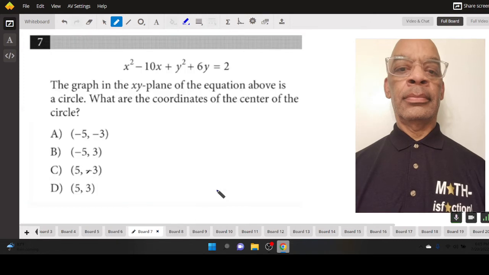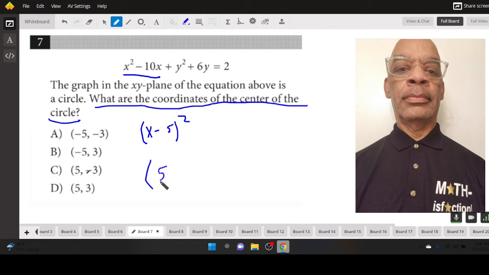Number 7. What are the coordinates of the center of the circle? Smash the x values. Equations close to standard form. Just need to complete the square. So that's going to be x minus 5 squared.